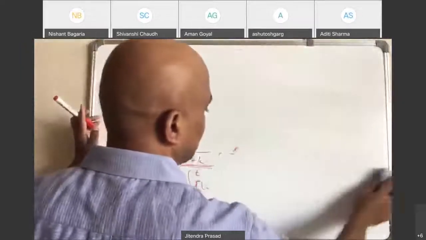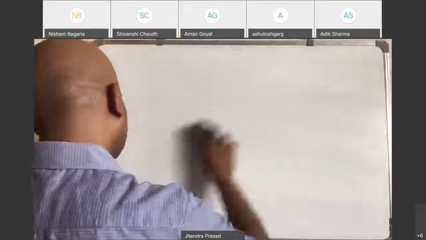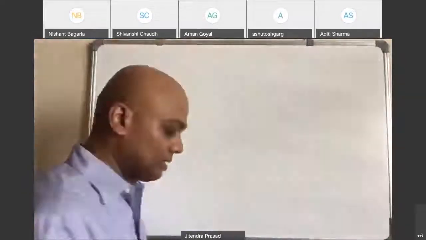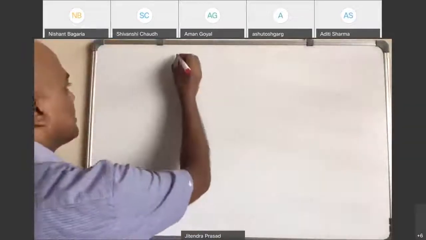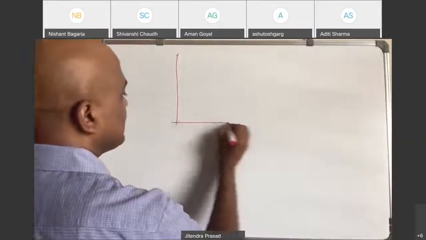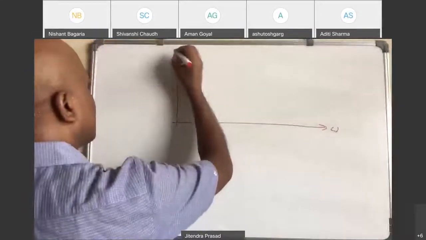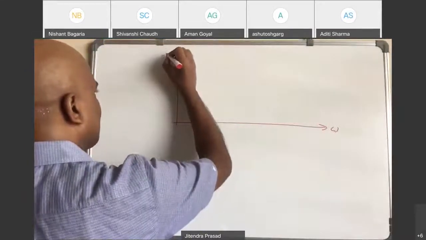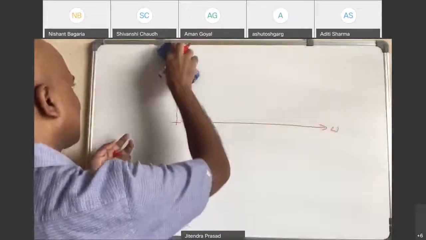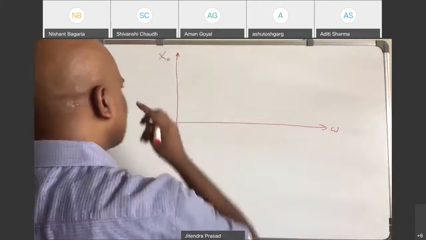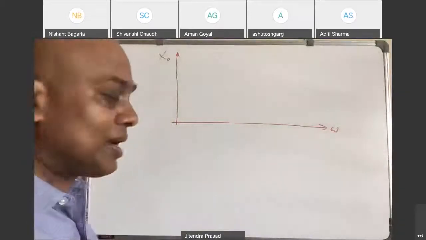We used it. Omega 1 and omega 2 are actually the half power points. So this is omega versus x, and we call it x naught, the amplitude.